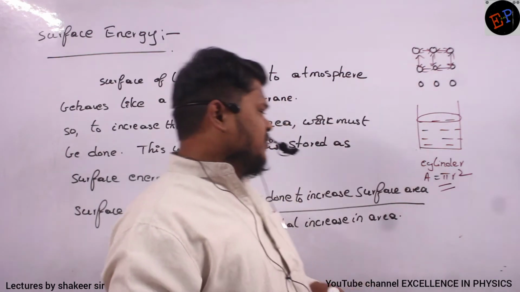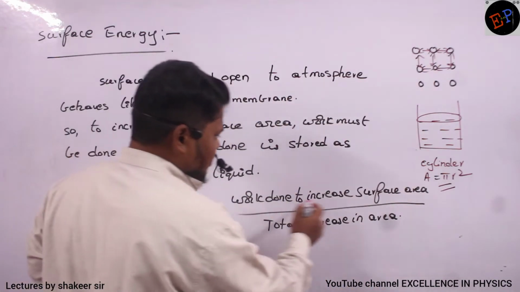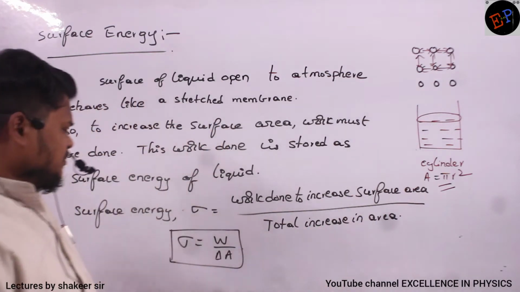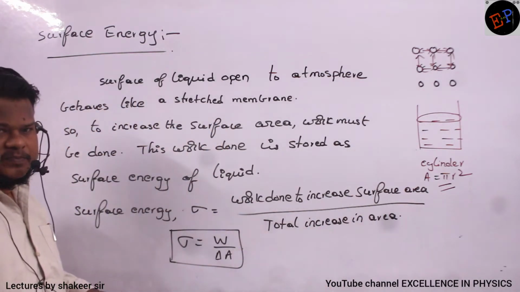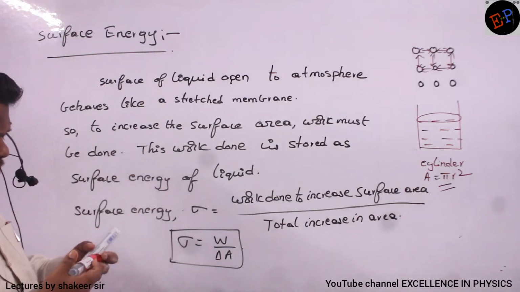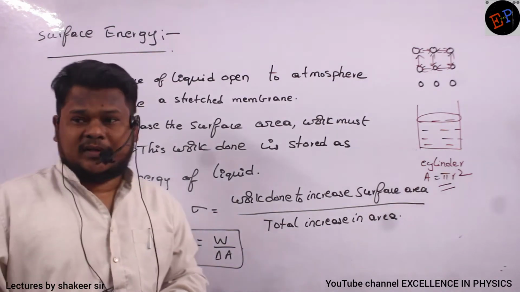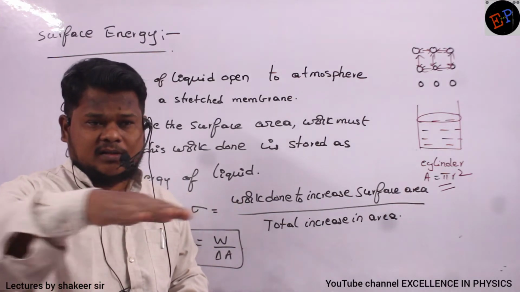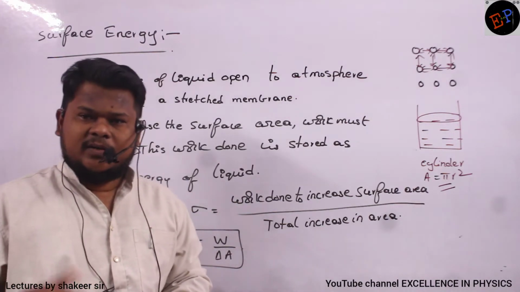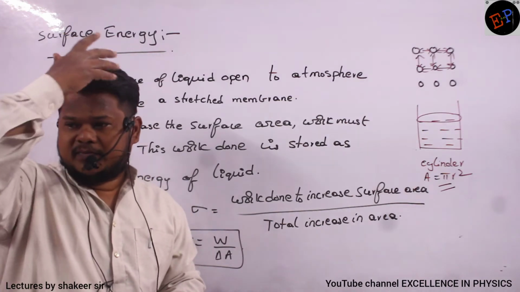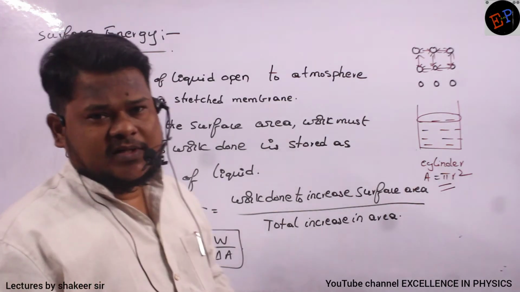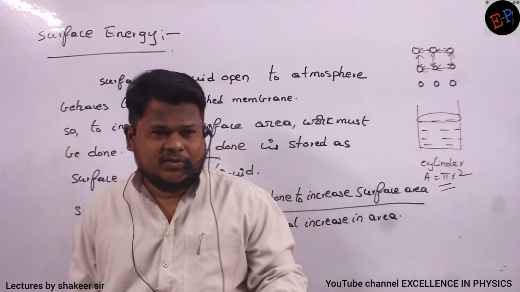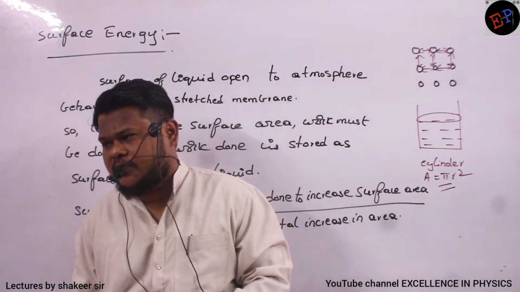So the amount of work done to increase the surface area divided by the total increase in area is called surface energy. To increase the gap between the molecules, we have to do some work. That work will be stored as surface energy on the top surface of the liquid. By which concept are we saying this? The law of conservation of energy: the work which you do should be converted into another form of energy.